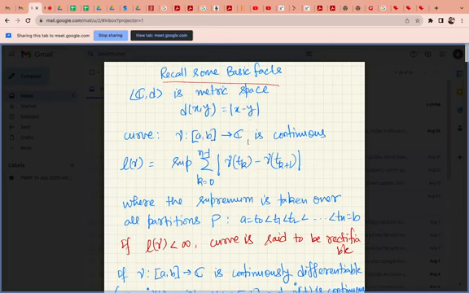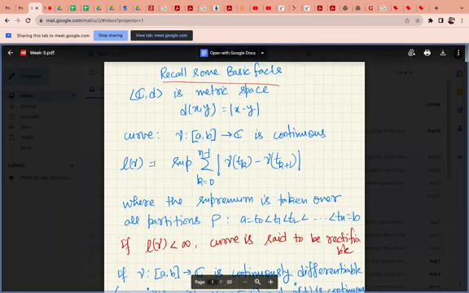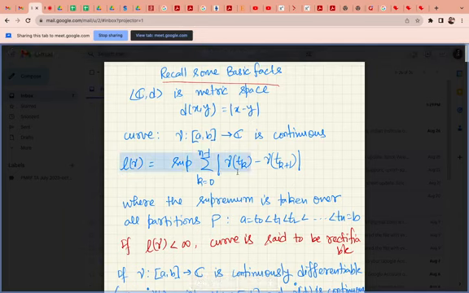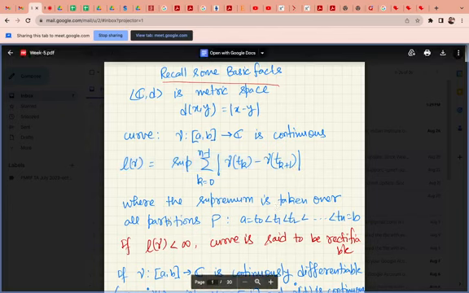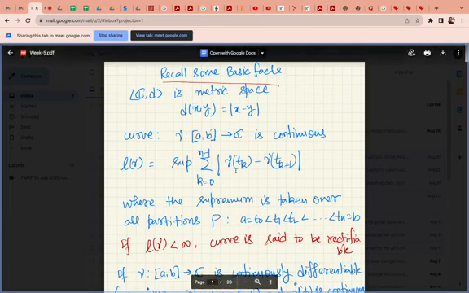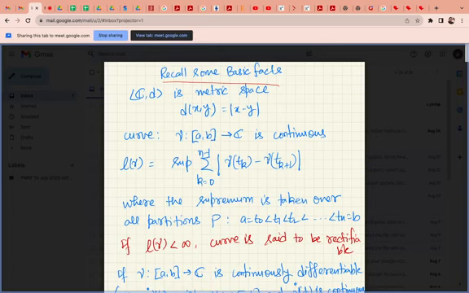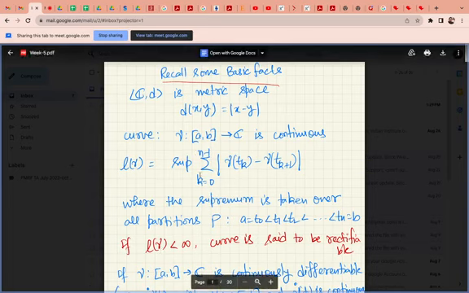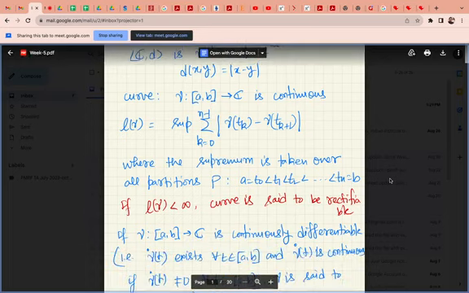A curve is a continuous function, and the length of a curve is denoted like this, where the supremum is taken over all the partitions P. You take the partitions, calculate this summation, and take the supremum. If the length of gamma is less than infinity, the curve is said to be rectifiable.